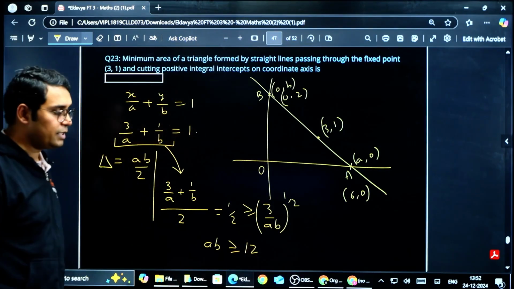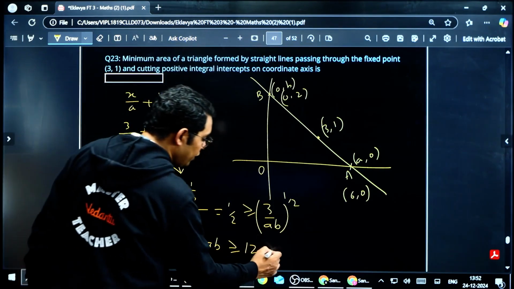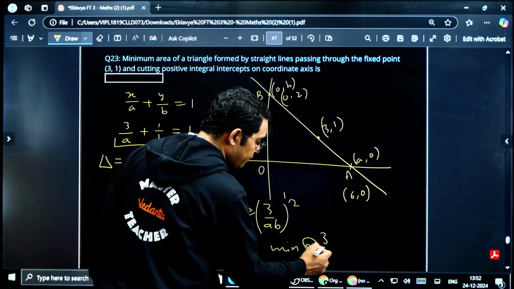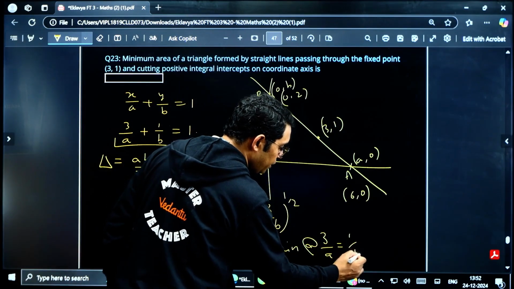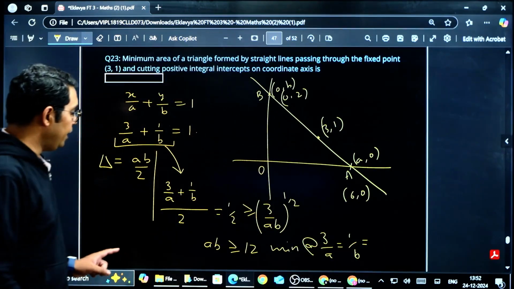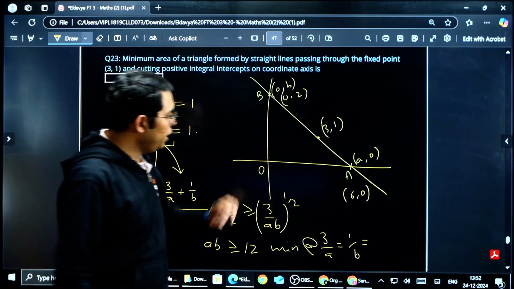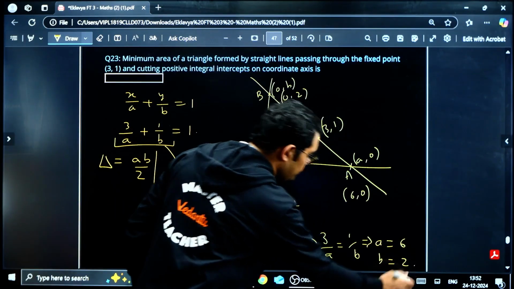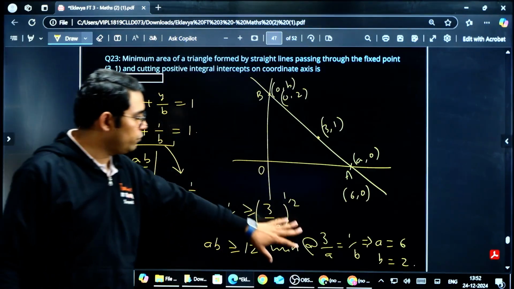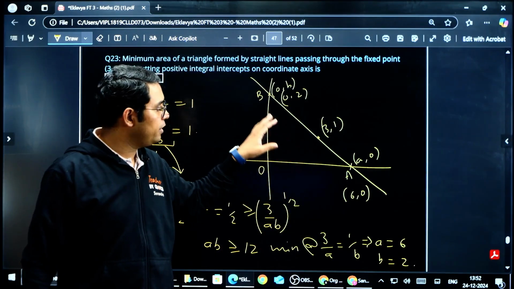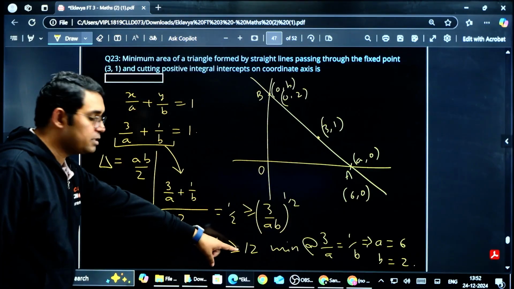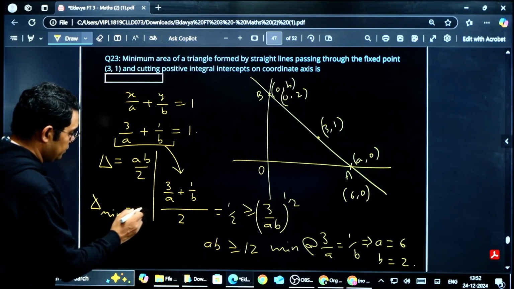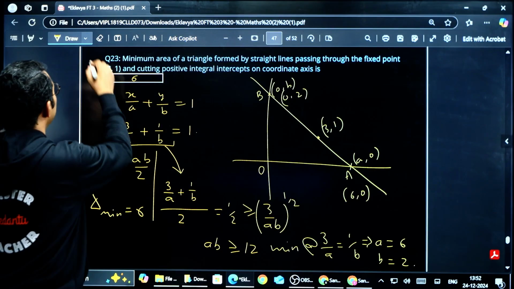So AB will be always greater than or equal to 12, and the minimum will be when 3 upon A is equal to 1 upon B. And you can check, it will happen only if your A is equal to 6 and B is equal to 2. So it is proved that this will be midpoint when this area is minimum. AB is greater than or equal to 12, so this delta minimum would be equal to 6. So answer for this question is 6.